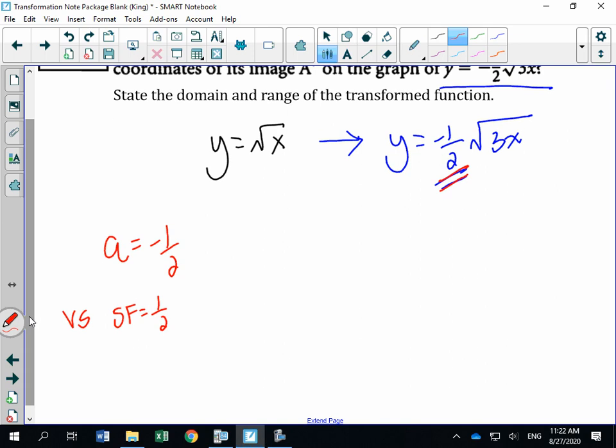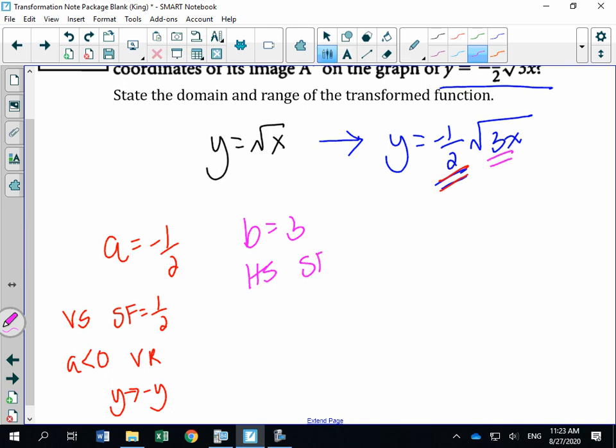And because a is less than 0, it's a vertical reflection about the x-axis, so y goes to -y. This is our b value. B is equal to 3. That's a horizontal stretch, and the stretch factor is the reciprocal, which is 1/3.